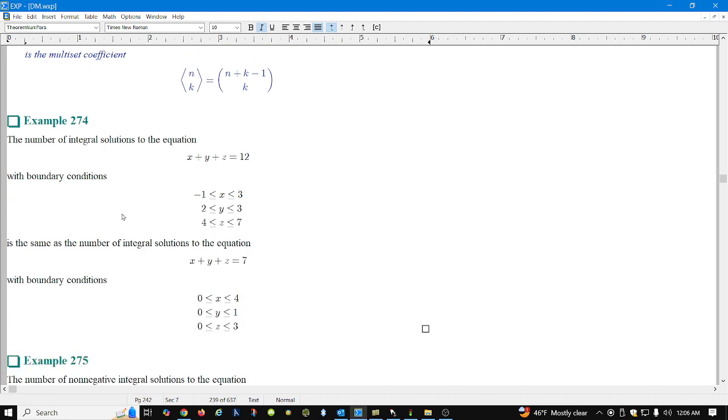So a couple of examples. The number of integral solutions to this equation with these boundary conditions, we have x plus y plus z equals 12, is the same as the number of integral solutions to this equation. If you add the 3 lower bounds, you get 5. Subtract that from 12. That reduces this to 7. And then you have to adjust the boundary conditions so that the lower bounds all become 0.